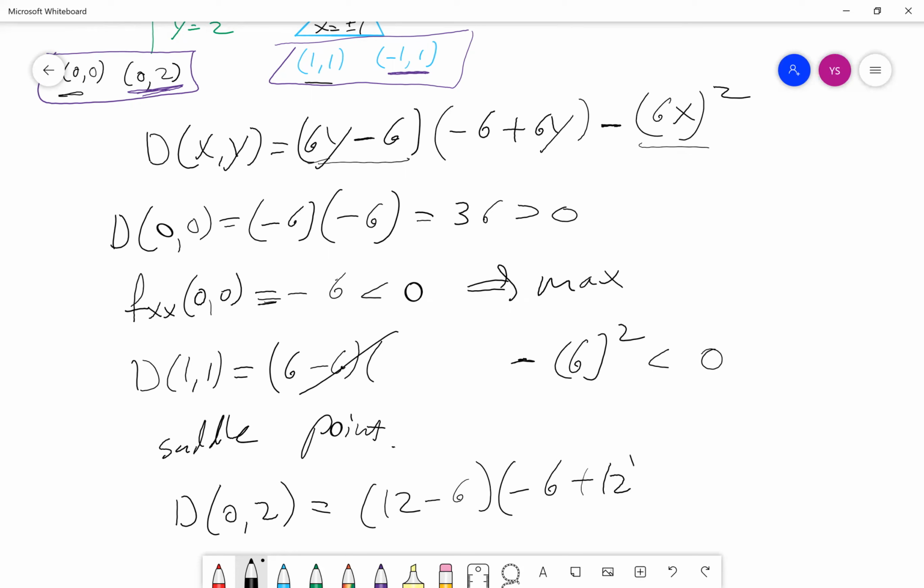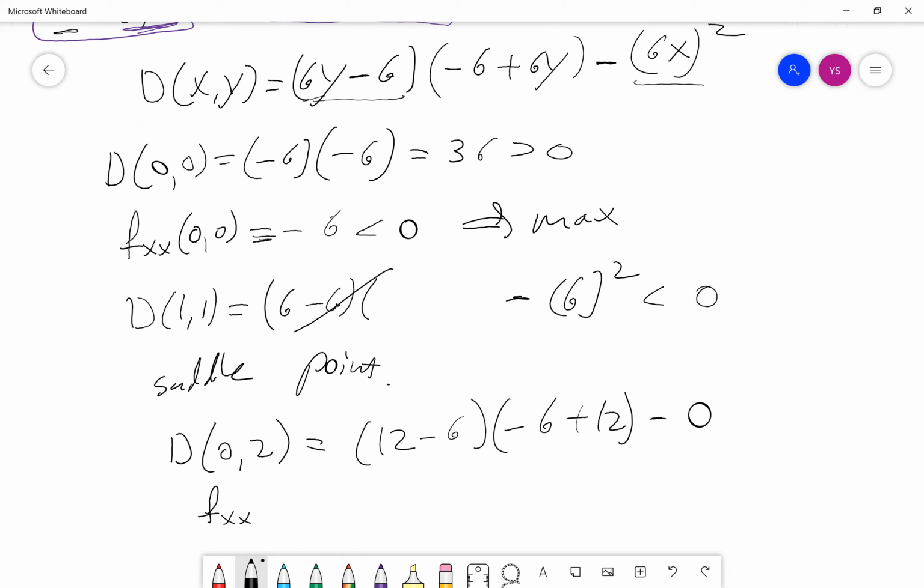So this is positive. And so what is fxx at 0, 2? Well, that's going to be 12 minus 6, which is also positive. So we are at a minimum.